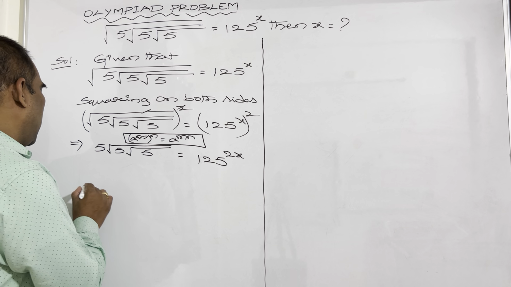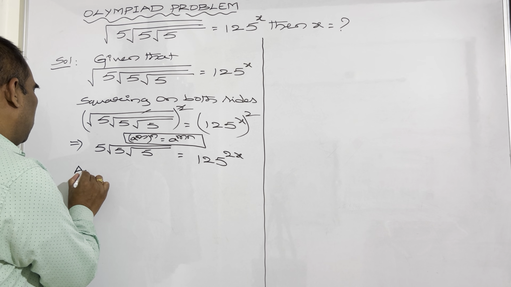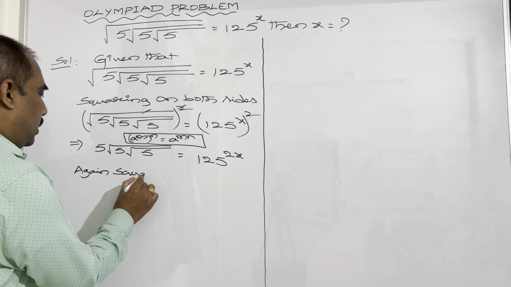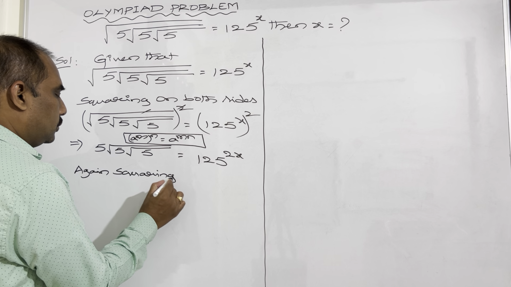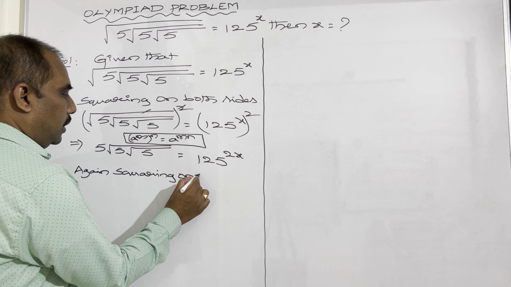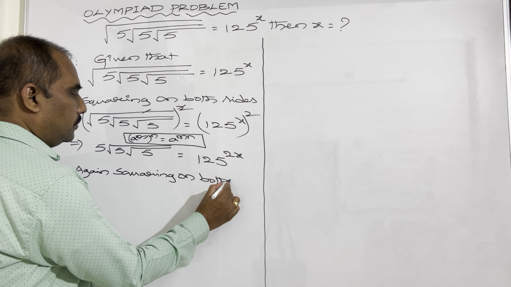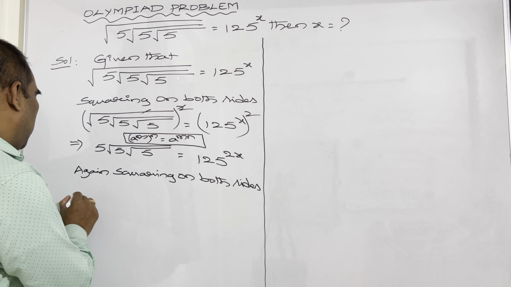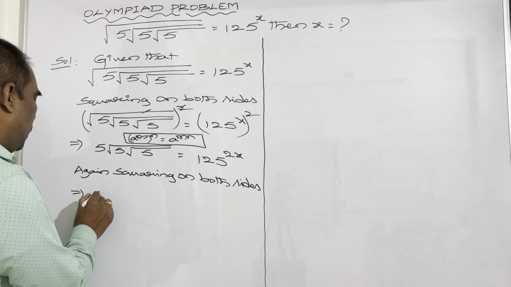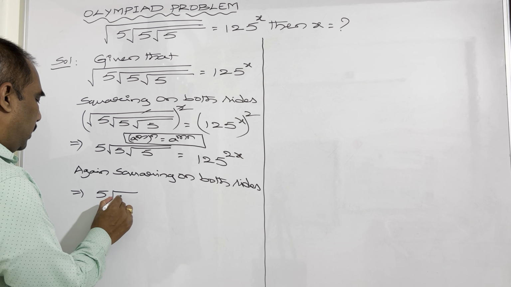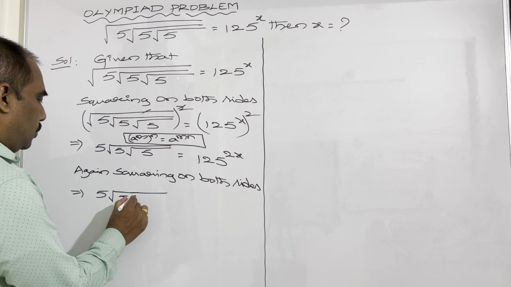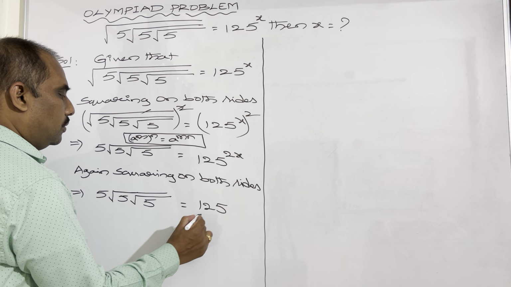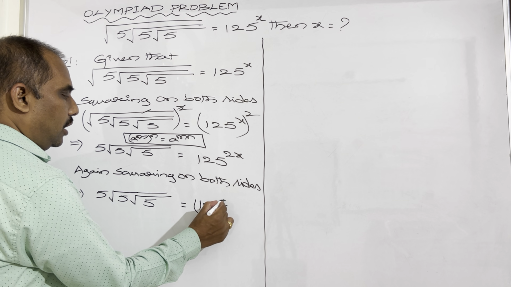So now again I am squaring on both sides. Again we get 5 into root over 5 into root over 5 is equal to 125 whole to the power of 2x here already.